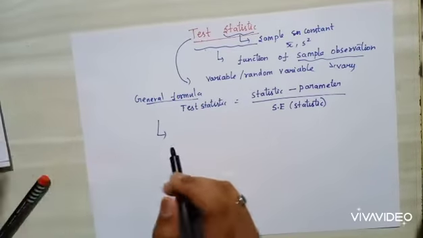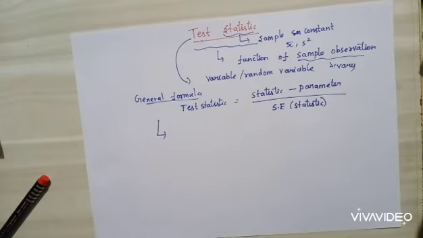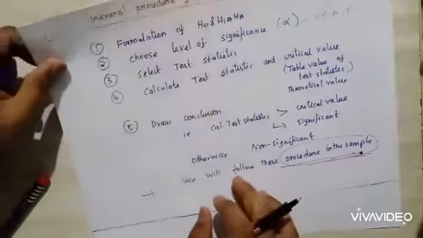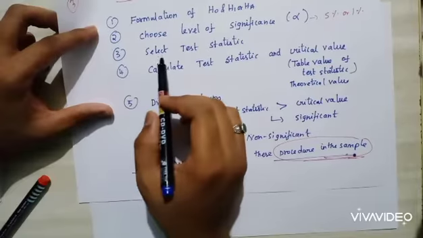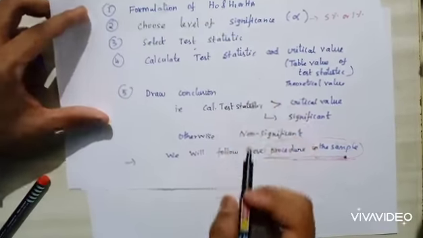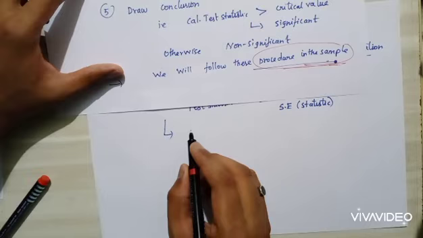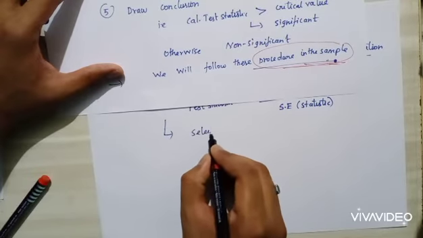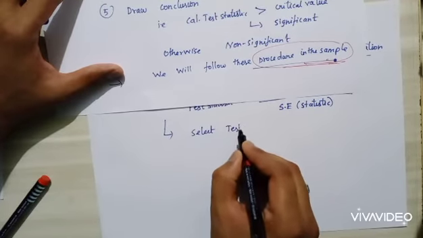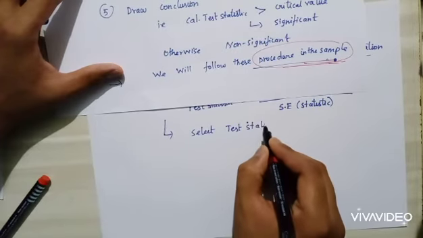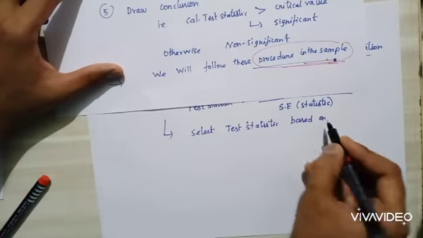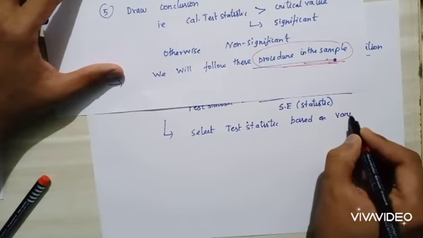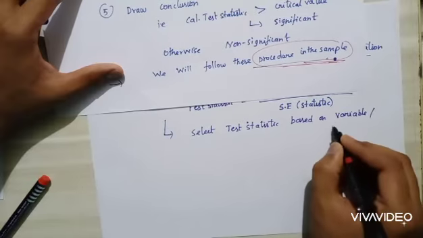In the procedure, I told that the third step is to select the test statistic. So how will we select? We will select the test statistic based on the nature of variable and then sample size.